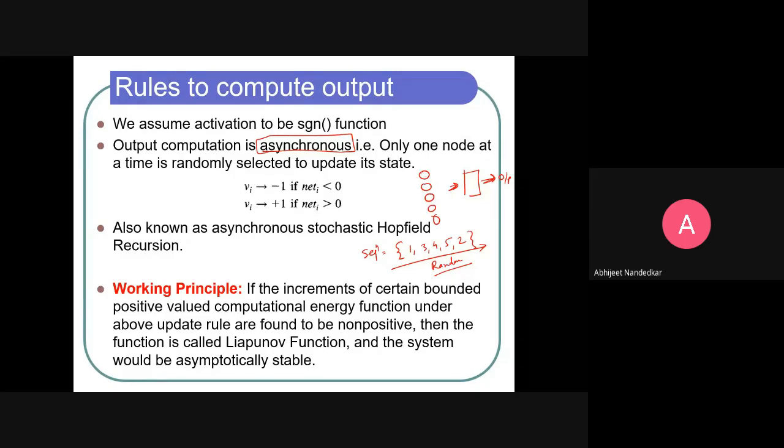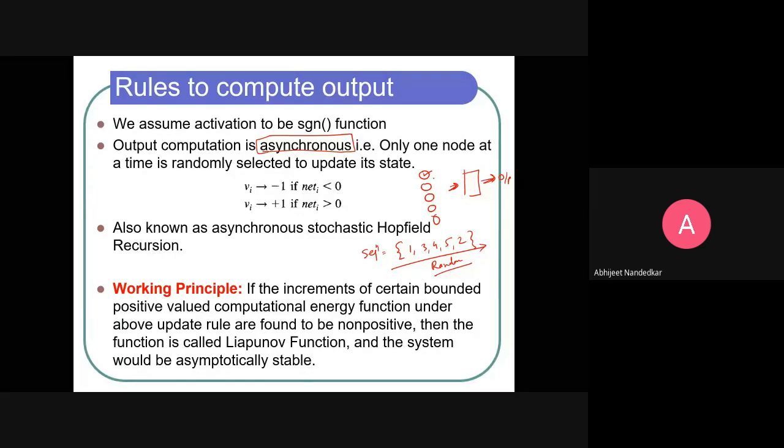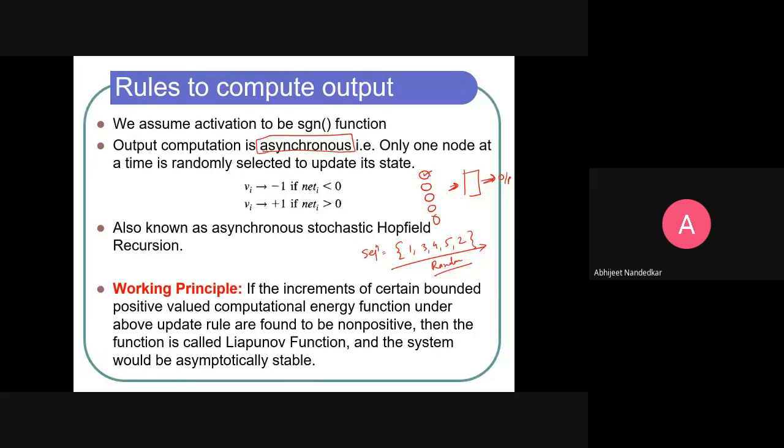Then I will allow the first neuron to change its state first. There are outputs coming like this, and it is feedback, and this is also feedback. So given the state vector v and initial vector I, we feed this to all the neurons, and then only the first neuron is allowed to update.